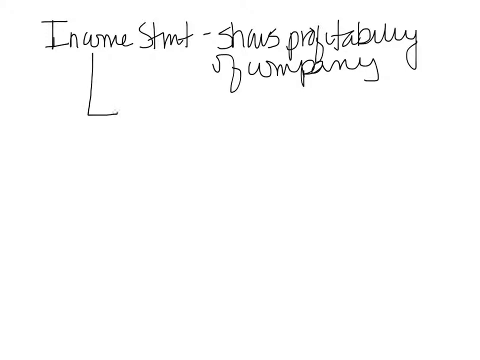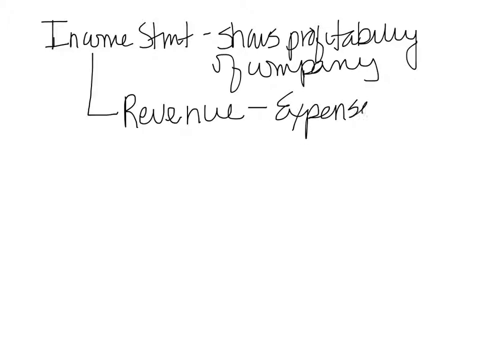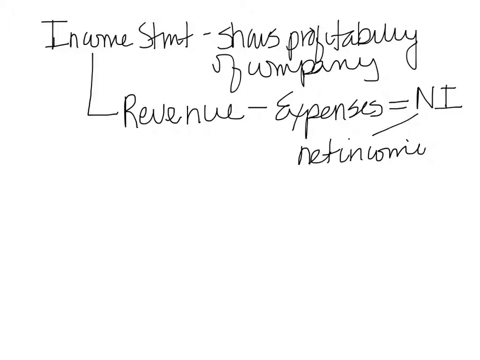The accounts that go on the income statement are revenue, which can be sales or services, minus expenses, examples, rent expense, salaries, gives us net income, and that's the abbreviation, net income. That shows the profitability of the company. For all the revenue that came in, and all the expenses we spent to make that revenue, we end up with net income.